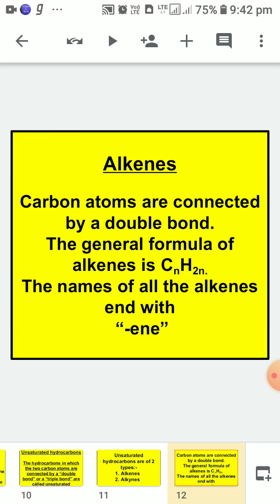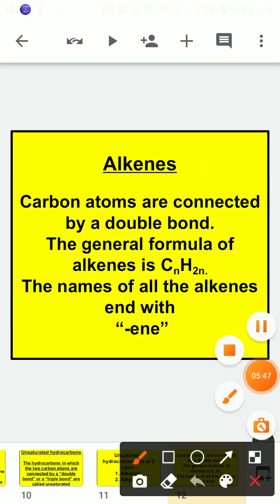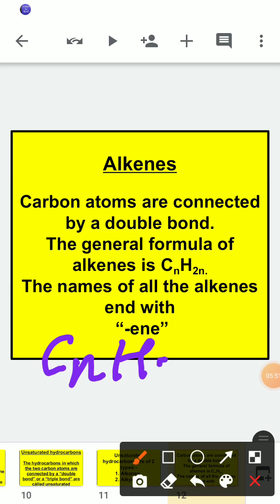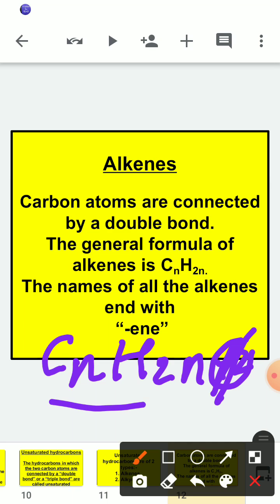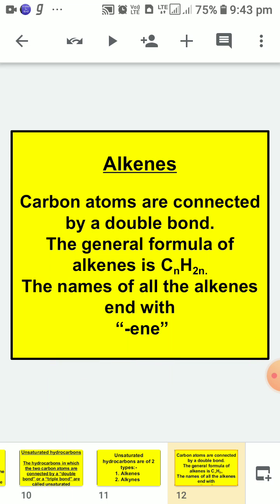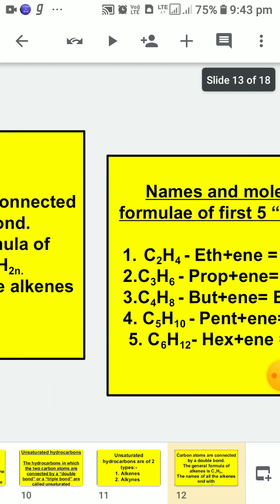The general formula of alkenes is CnH2n, or you can say if we subtract 2 from alkanes, it converts into alkenes. You have learned that alkanes have the formula CnH2n+2, and if you remove this 2, it becomes alkene. The names of all the alkenes end with ene.